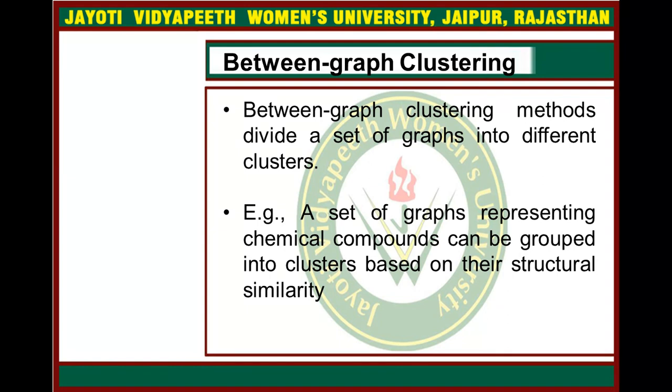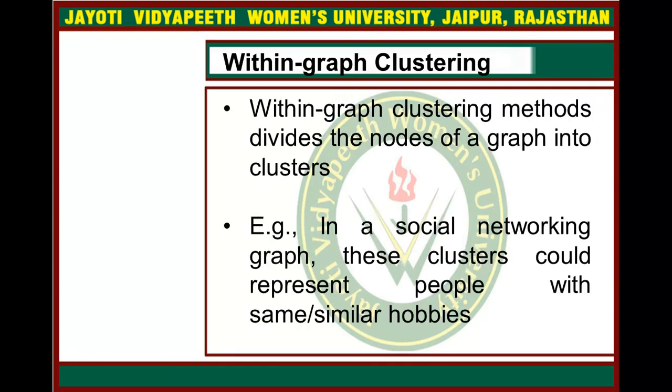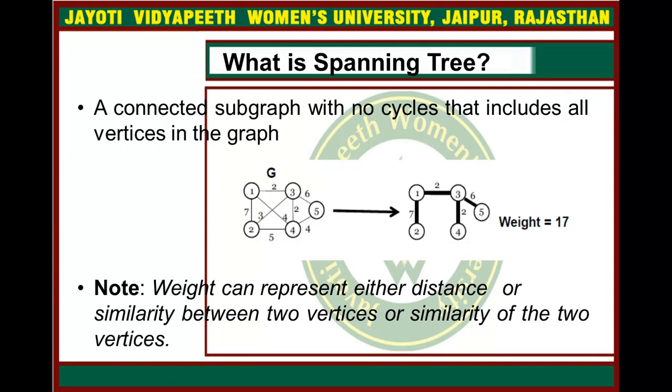Like a set of graphs representing chemical compounds can be grouped into clusters based on their structural similarities. Now the second one is within a graph clustering. This method divides the nodes of a graph into clusters. Like in a social networking graph, these clusters could represent people with same or similar hobbies.